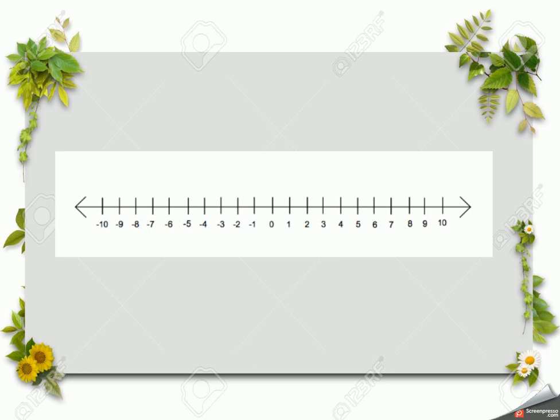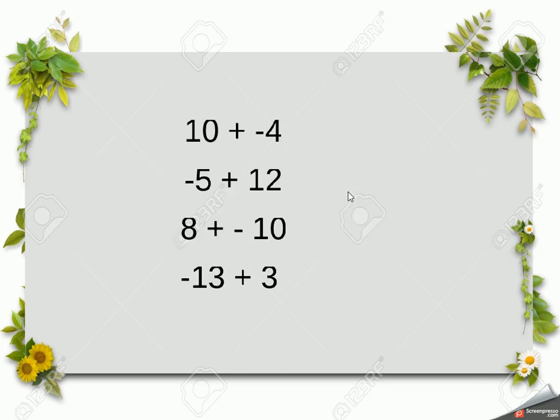Now there are little tricks to add in negative numbers, and you should know them. So let's have a look. Here we've got 4 different sums: 10 add minus 4, minus 5 add 12, 8 add minus 10, and minus 13 add 3.